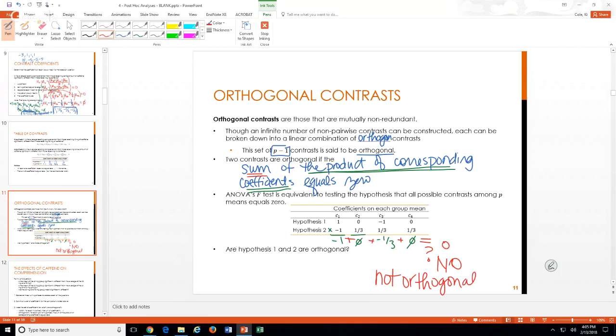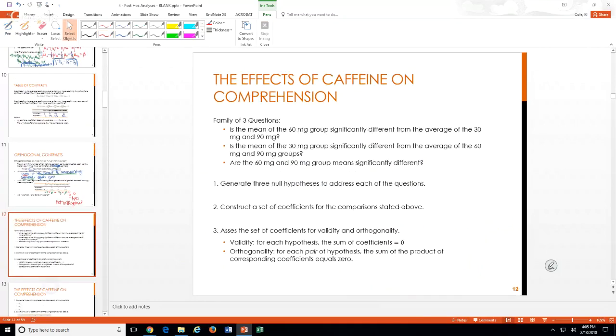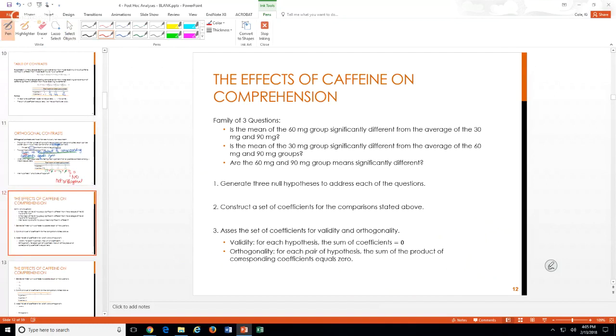So let's do some more practice with determining contrast coefficients. Are they valid? Are they orthogonal? I've given you 3 more questions, post hoc research questions. For each of these, generate the null hypothesis. For each of these, determine the coefficients of those contrasts.